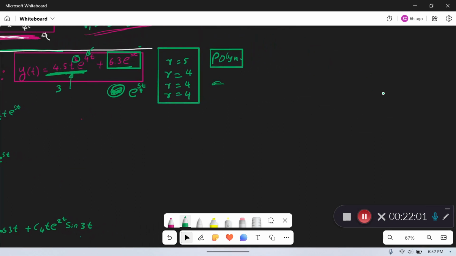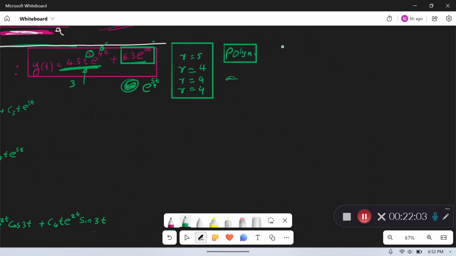Okay. Now, however, you can even have something like a polynomial with degree, let's say 5 or more, where the roots were r equals 5, r equals 4, r equals 4, r equals 4, and maybe another 4, and maybe some other number.